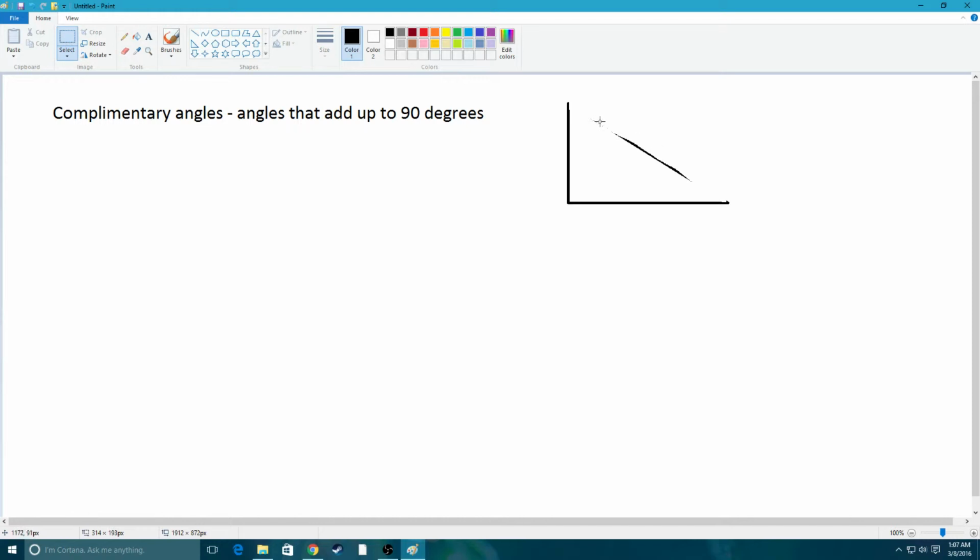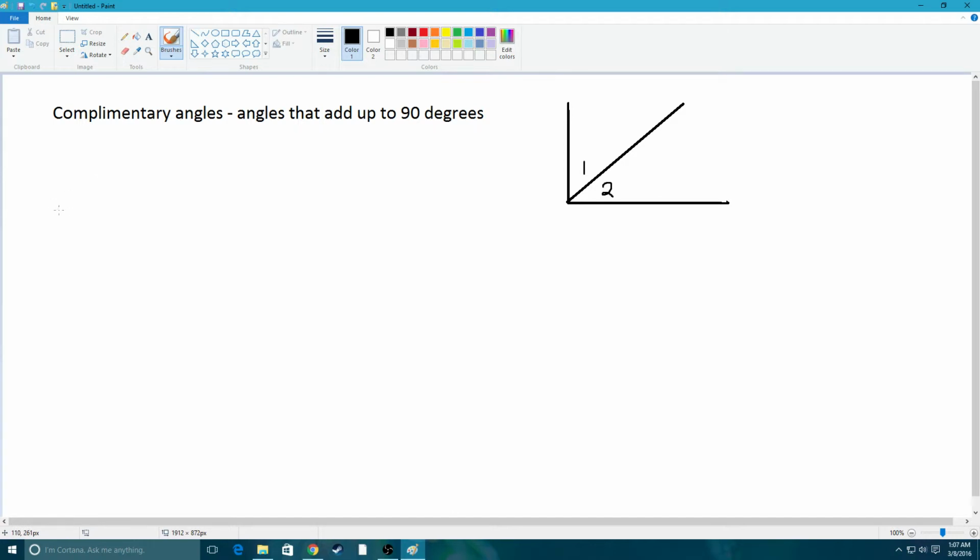Mwahaha. That's how I make sure I draw a right angle. Okay. So if you were to cut this up, over here we'd have angle 1 and angle 2.